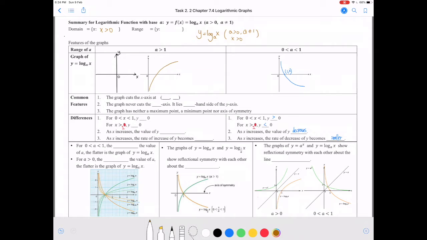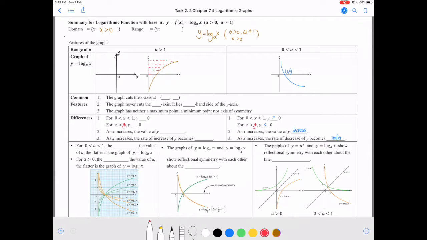How about the range? The range is about y, so the whole thing, log base a of x. We can actually see the range on the graph. You can see the y-axis. Can y be a positive number? Y can be a positive number, right? Because there is a corresponding point.